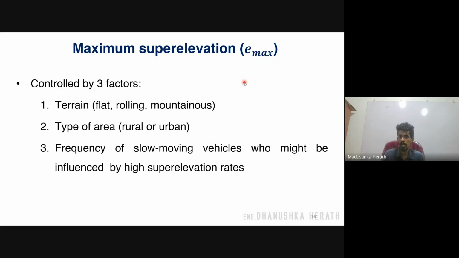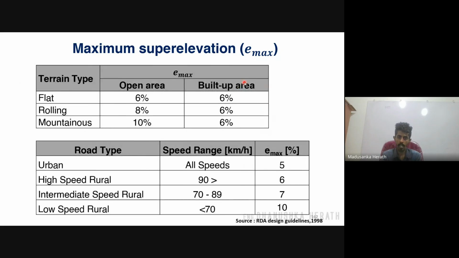But therefore we have some maximum value for the super elevation also, right? If it is a flat terrain, whether it is an open area or built up area, we can go with the maximum super elevation of 6%.